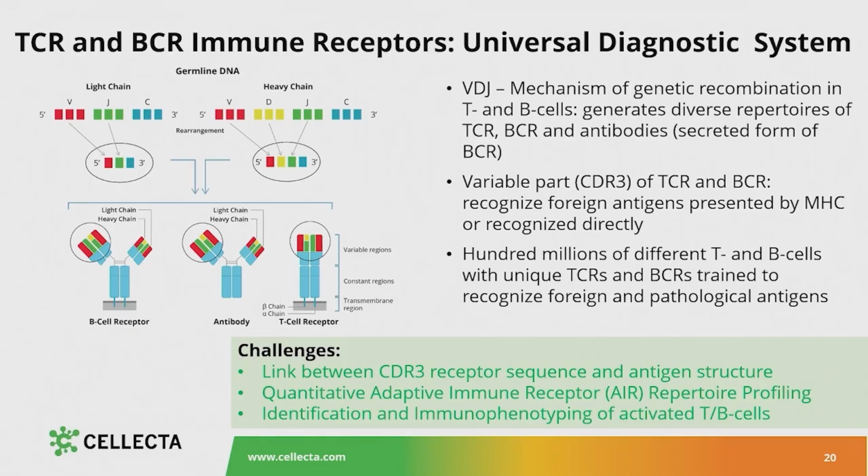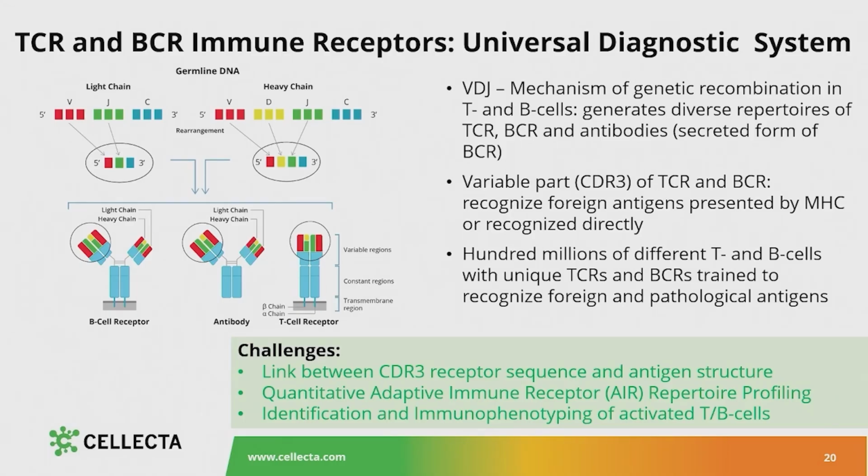The answer is very simple. We don't know how a T cell receptor or B cell receptor will interact with the antigen. While you can rather easily sequence immune receptors, the link between a receptor, for example a T cell receptor, and the peptide which is recognized is still a complete mystery.